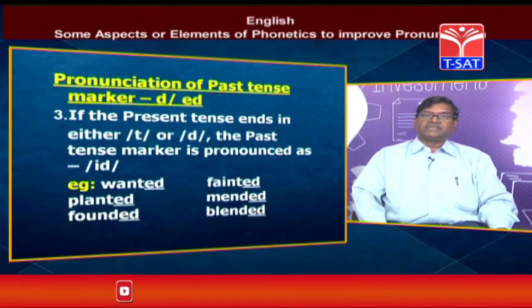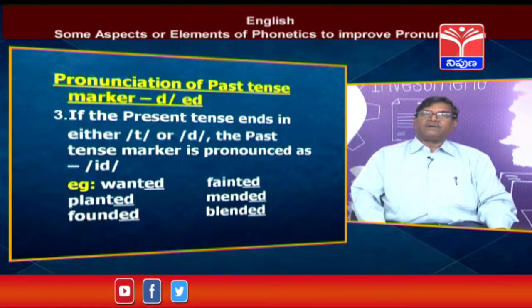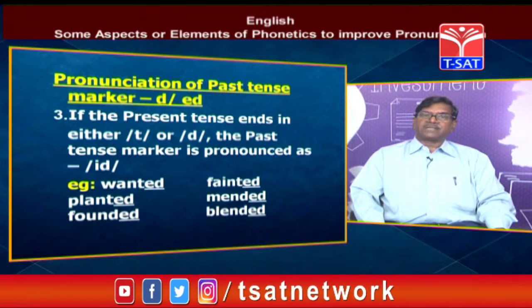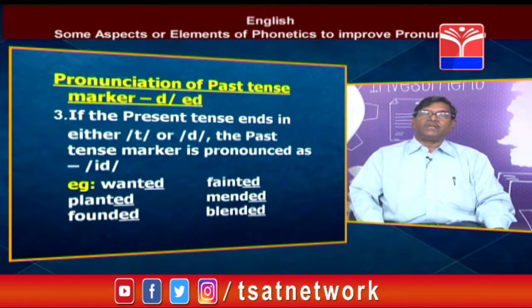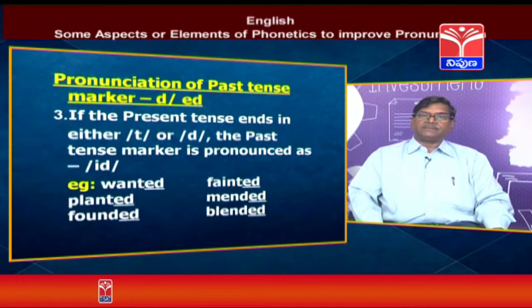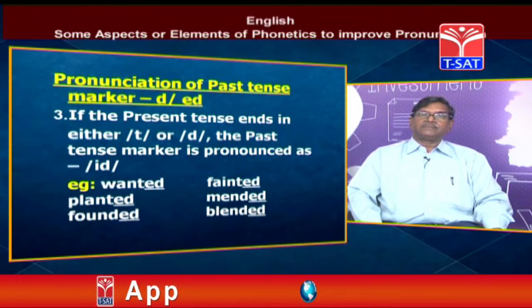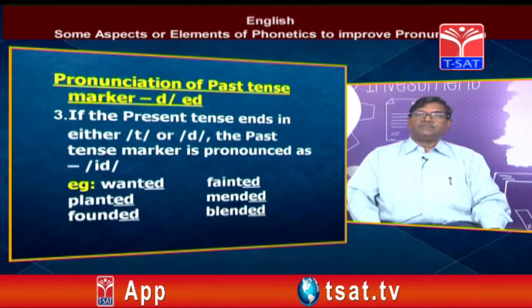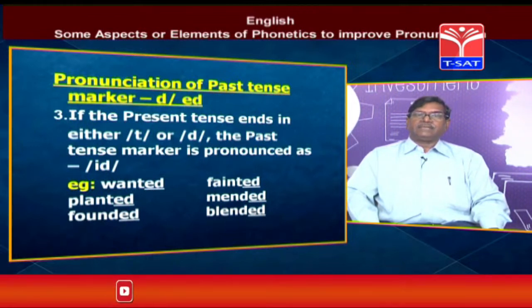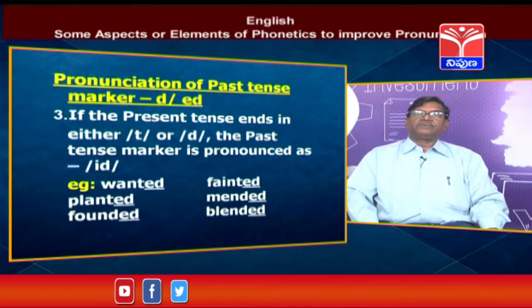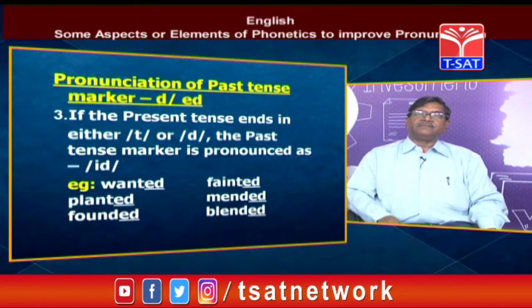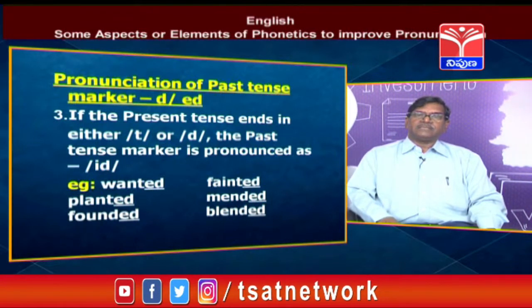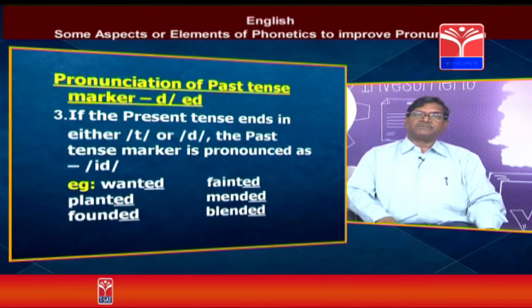The stress shall not be on the last syllable. The stress should be only on the first syllable. Wanted, fainted, planted. Similarly, mended, founded, blended, id. So, if the present tense ends either with t or d, the past tense marker is pronounced as id.